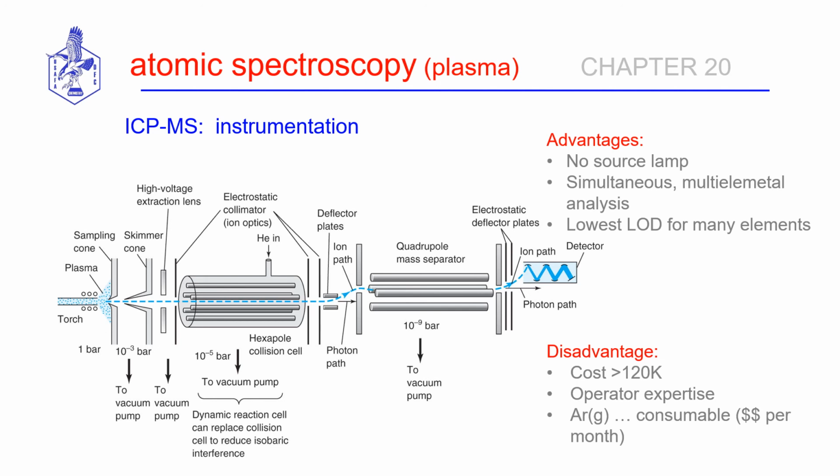Once again, this technique has by far and away the lowest detection limits, and we get information about all of our elements present at one time. These instruments are in the ballpark of 120K and can be more expensive than that. But it's not a simple system.